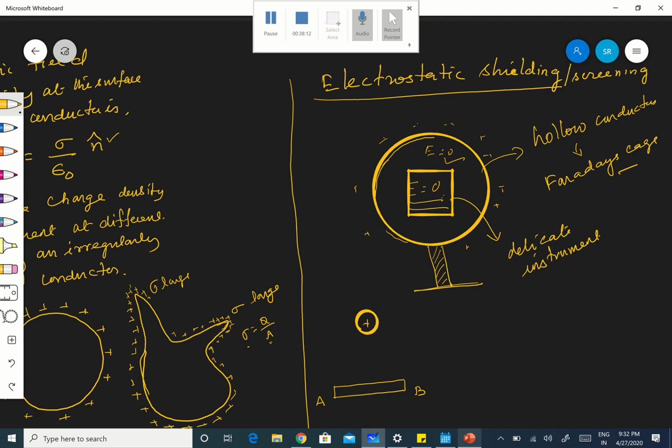When it is kept near, because of induction the upper side will become negative and the lower side will become positive, because the charged body is positive. Then the electric field lines will come like this, and because of the negative charges here, they will be coming like this, correct?